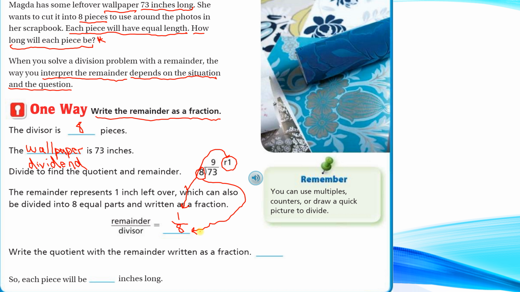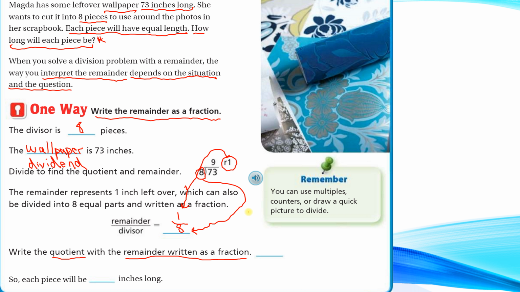Okay. Again, you can always pause and rewind these videos if something's not clear. So let's continue on here. Write the quotient with the remainder written as a fraction. So remember, quotient is the answer to a division problem, and then remainder written as a fraction is what we just did here.